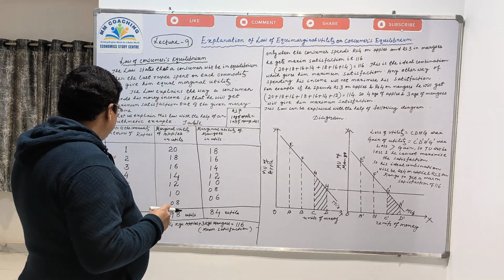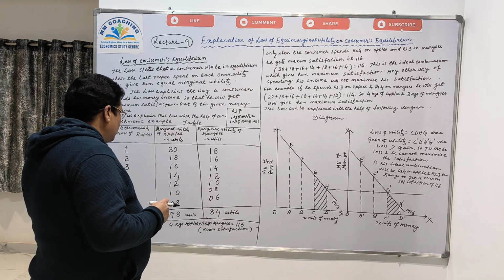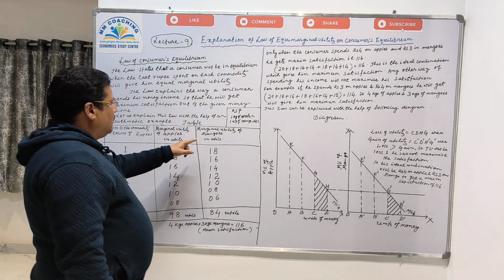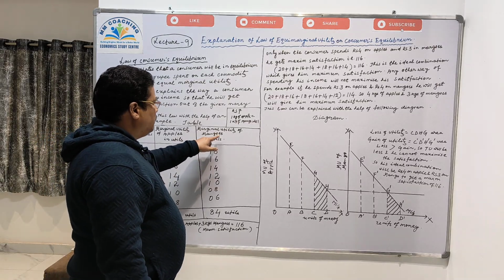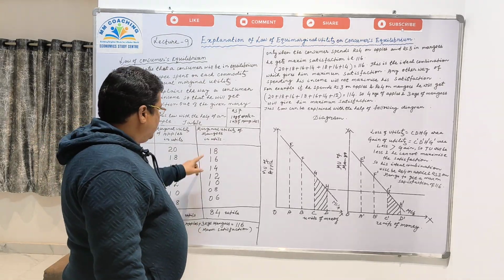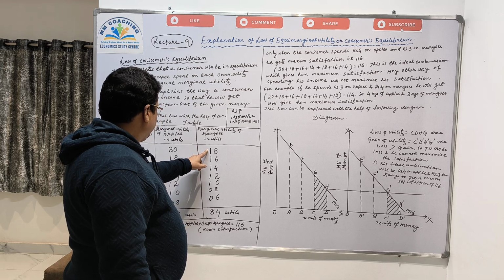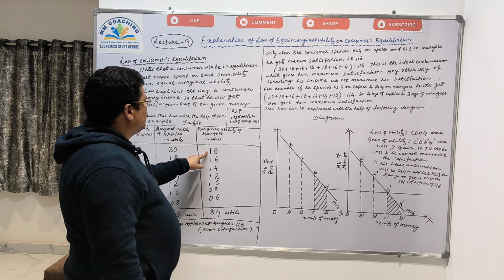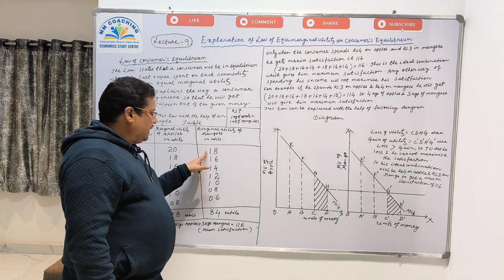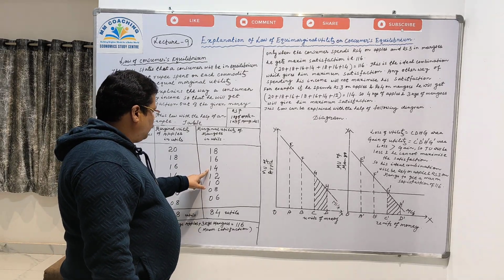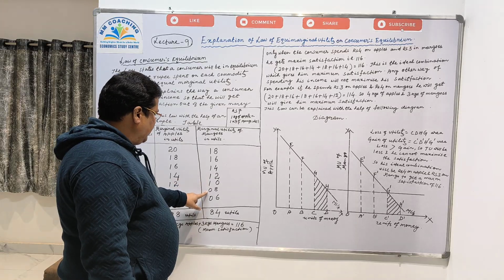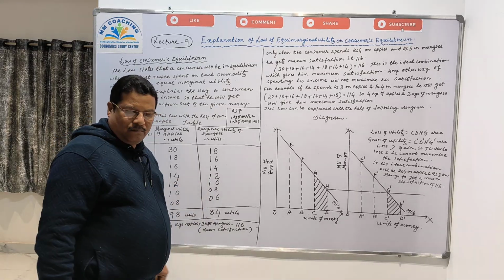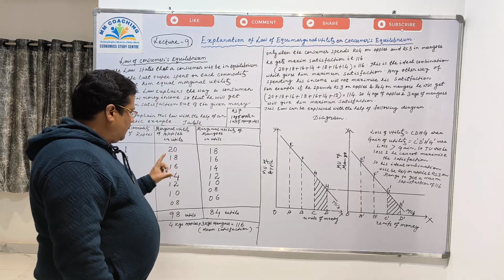Similarly, if he spends all the 7 rupees on mangoes, in the first unit the marginal utility becomes 18, then it decreases to 16, 14, 12, 10, 8 and 6. Look at the table.